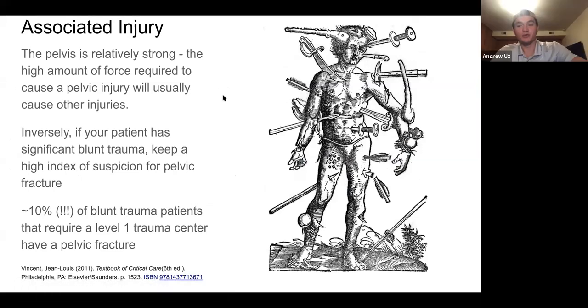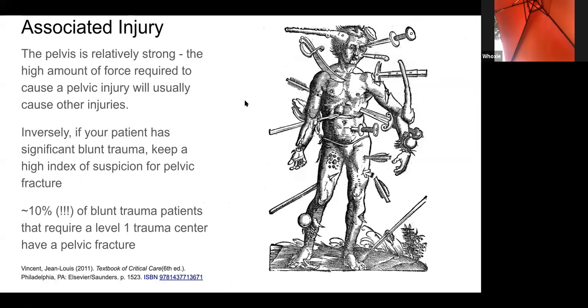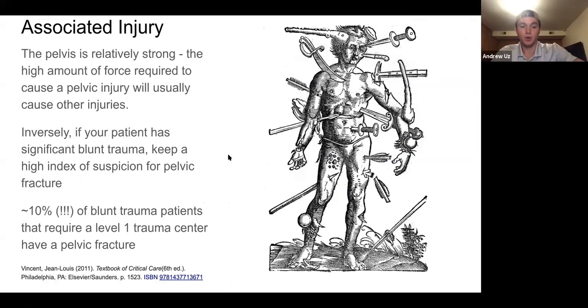The pelvis is a fairly strong bone, so anything that will damage the pelvis will often damage other parts of the body, and vice versa. If you have a large enough force to cause significant injuries to, for example, the chest, there's a good likelihood that the pelvis is also injured. This figure down here shows that 10% of blunt trauma patients that end up at a level 1 trauma center have a pelvic fracture.